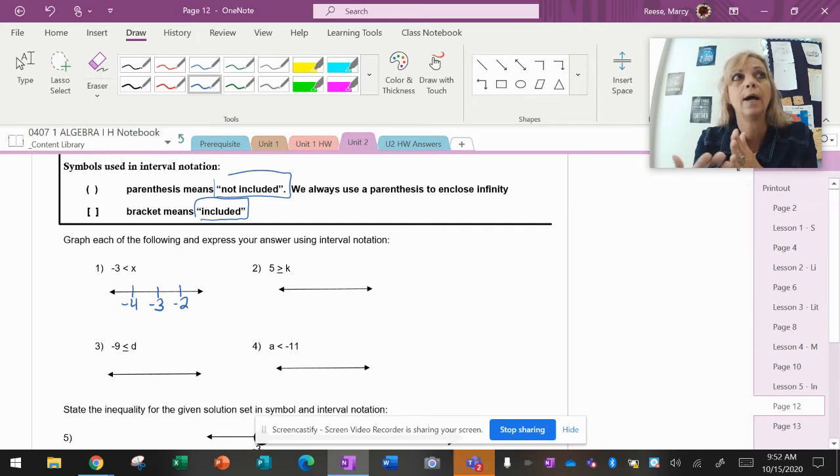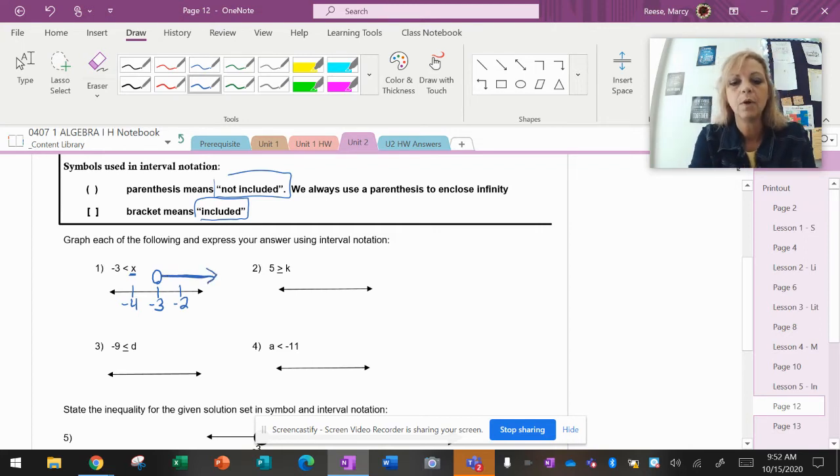Now, I prefer to read it from x, so I'm going to read it from right to left: x is greater than -3. You can read it from left to right: -3 is less than x, or x is greater than -3. So I know right away that I'm going to the right. I'm going to have it open at -3, which means I can't include -3. So I'm going in this direction, just like that.